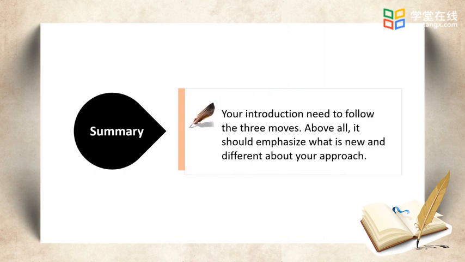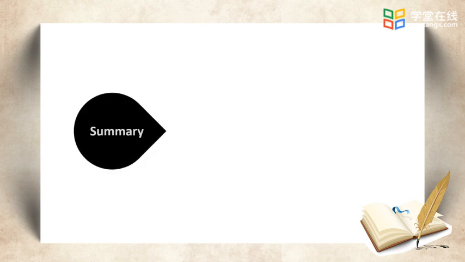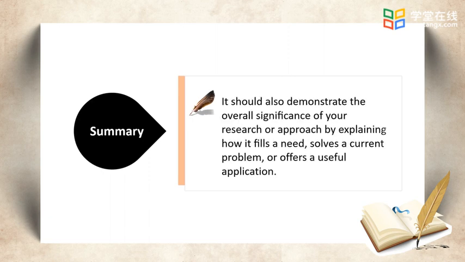Summary: your introduction needs to follow the 3 moves. Above all, it should emphasize what is new and different about your approach. It should also demonstrate the overall significance of your research approach by explaining how it fills a need, solves a current problem, or offers a useful application.